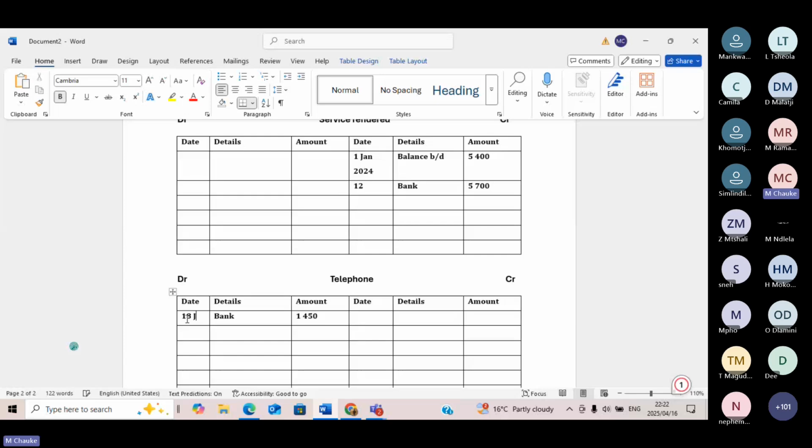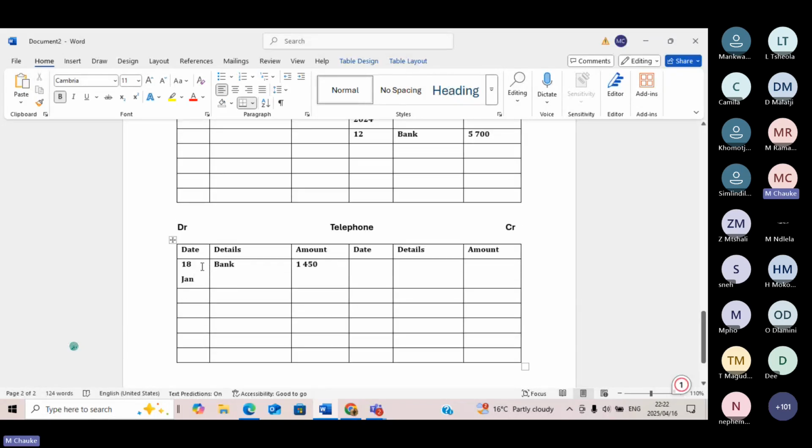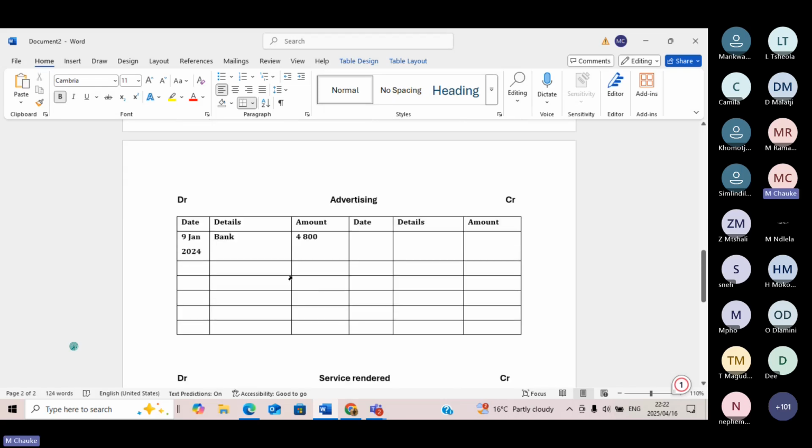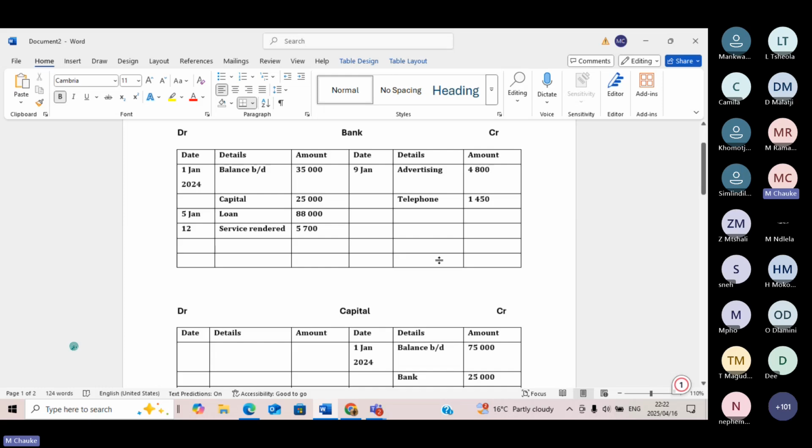You can put the year 2024, no problem. Even if you put it like this, no problem. You see, debited on the telephone account we put bank in the details. When you go up there on the bank credit side, we say telephone 1,450. Every account has got a debit and a credit. And then we can move to the next transaction.